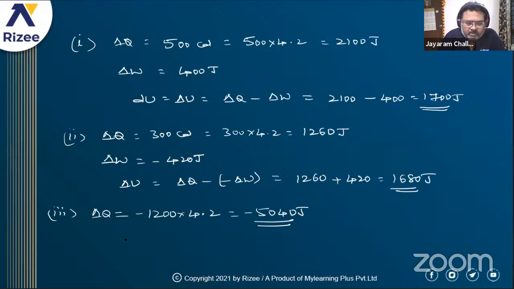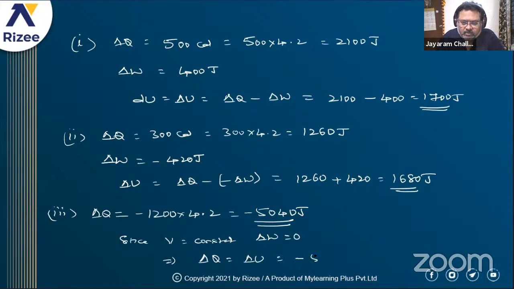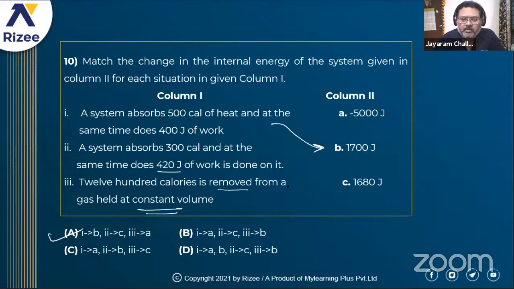So since V is equal to constant, work done has to be 0. Since work done is equal to 0, delta Q is equal to delta U. So that comes to minus 5040 joules. So it should be related to the first one nearly, and this is related to here. The answer is going to be your first option.